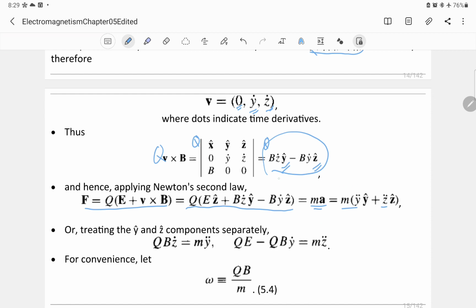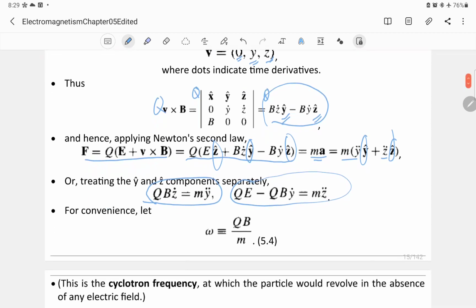So if you compare directions y and z, you have two equations here, two differential equations of the second order.